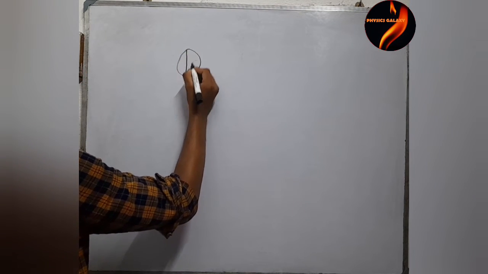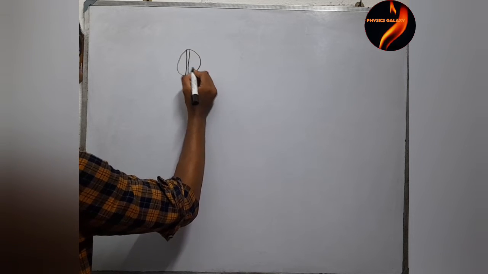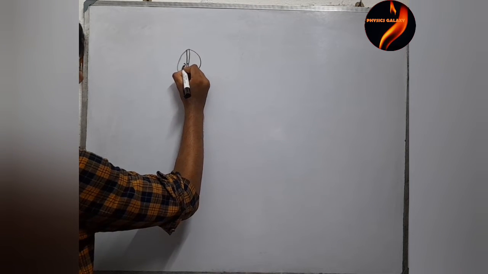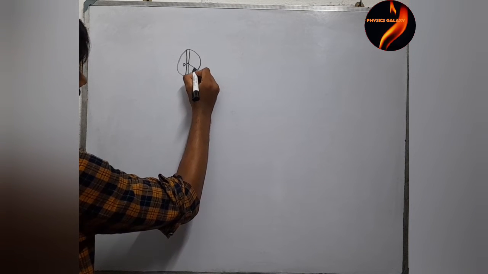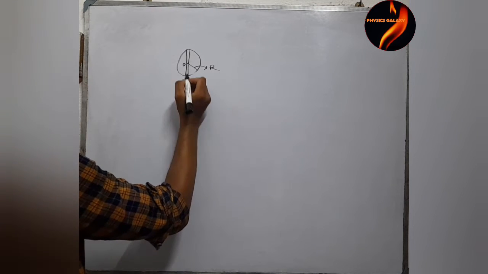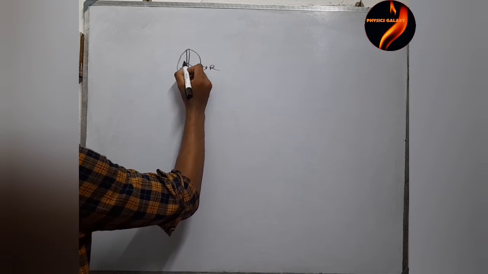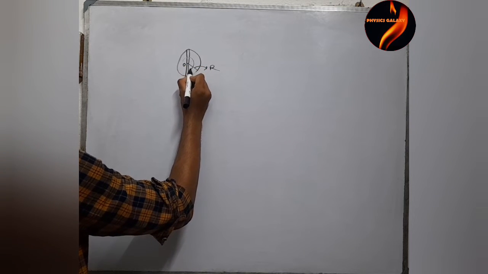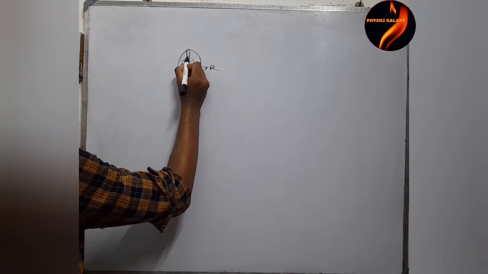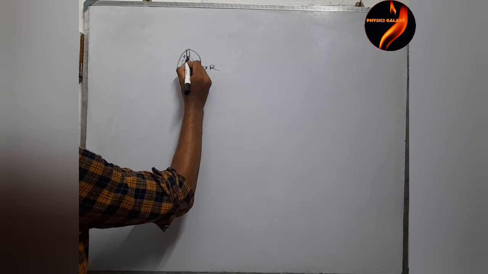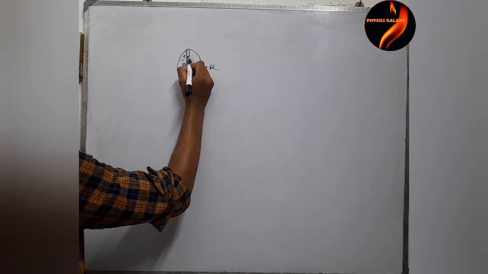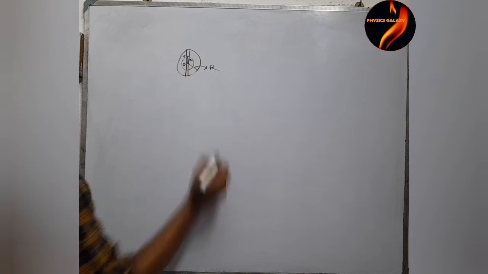Let's say this is the earth and this is a tunnel, and this is the center of the earth O, and the radius of the earth is R. Let's say at an instant of time t the particle is here, and the distance of this particle from the center of the earth is x.